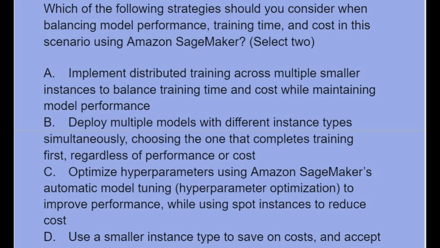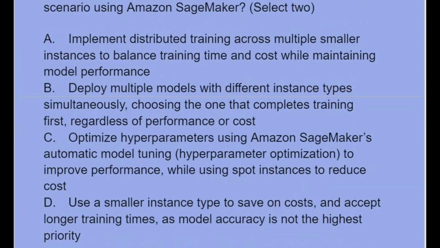Option B, deploy multiple models with different instance types simultaneously, choosing the one that completes training first, regardless of performance or cost. Option C, optimize hyperparameters using Amazon SageMaker's automatic model tuning, that is hyperparameter optimization, to improve performance while using spot instances to reduce cost.